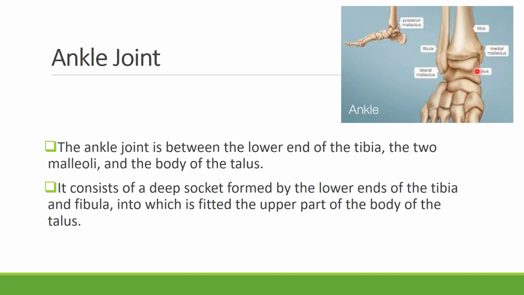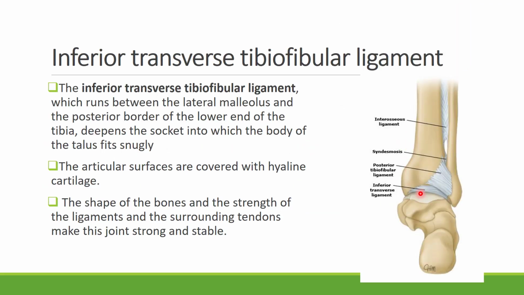It consists of a deep socket formed by the lower ends of the tibia and the fibula into which the talus will fit. See here, there is one ligament which is forming the socket of the tibia and the fibula. This ligament is called the inferior transverse tibiofibular ligament.